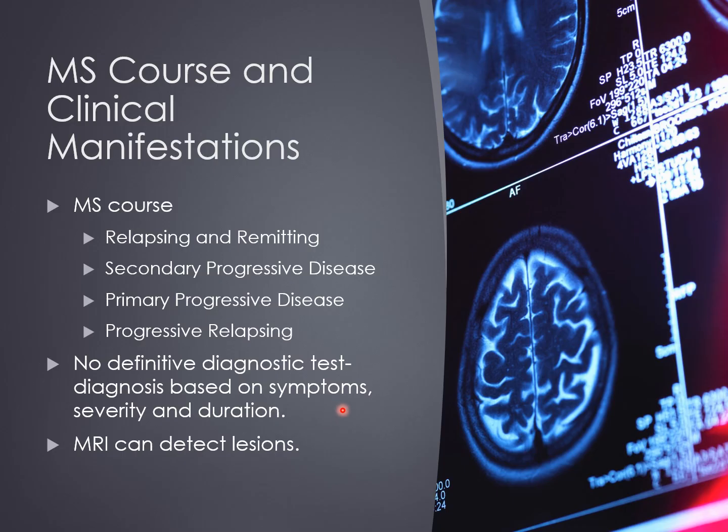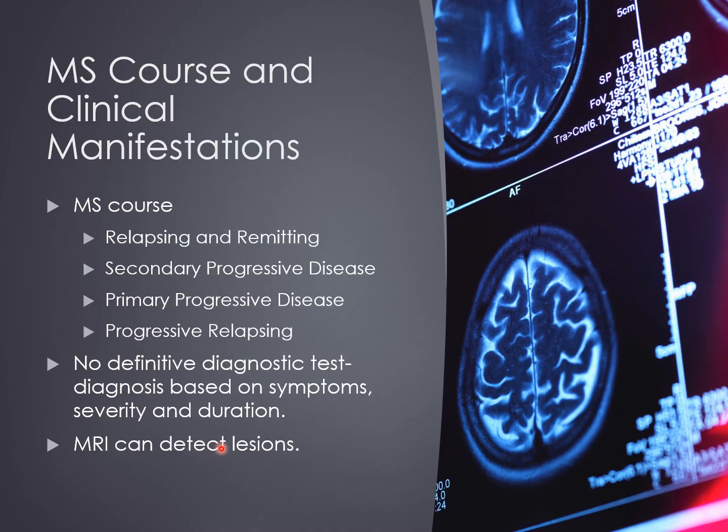They just gradually deteriorate. Progressive relapsing category of disease involves gradual neurological deterioration from the onset of symptoms with subsequent superimposed relapses. So these folks not only have just progressive decline, but they'll have acute episodes where they have superimposed relapses. So kind of four different ways that MS can appear in a person.